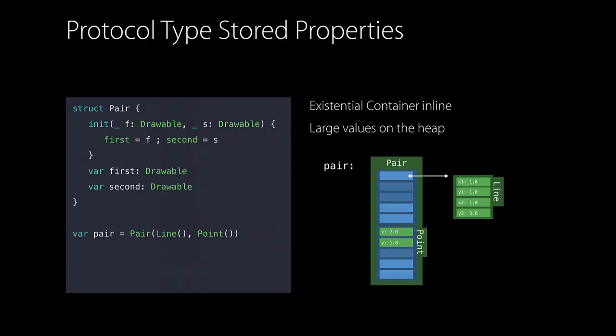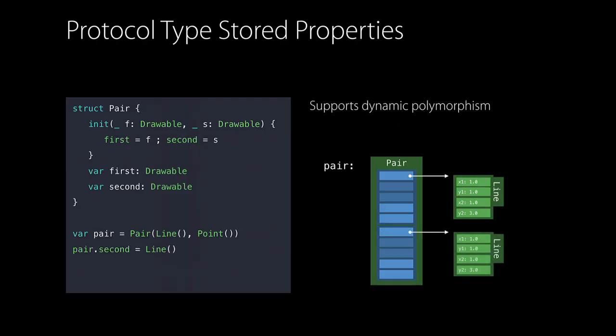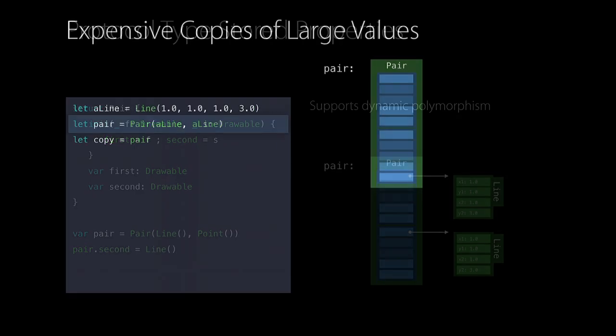Now this representation allows storing a differently typed value later in the program. So the program goes and stores a Line to the second element. This works, but we have two heap allocations now. Okay, two heap allocations. Well, let's look at a different program to illustrate that cost of heap allocation.